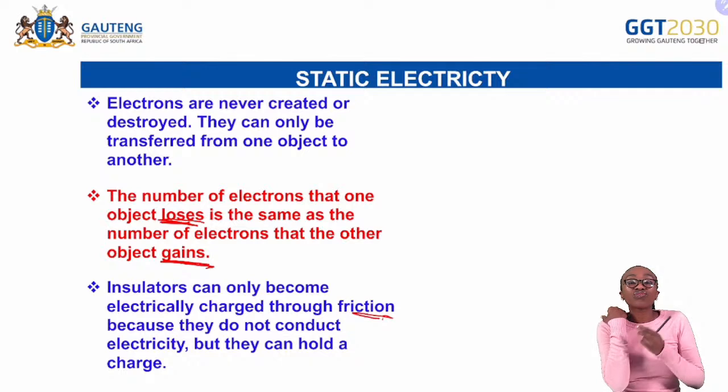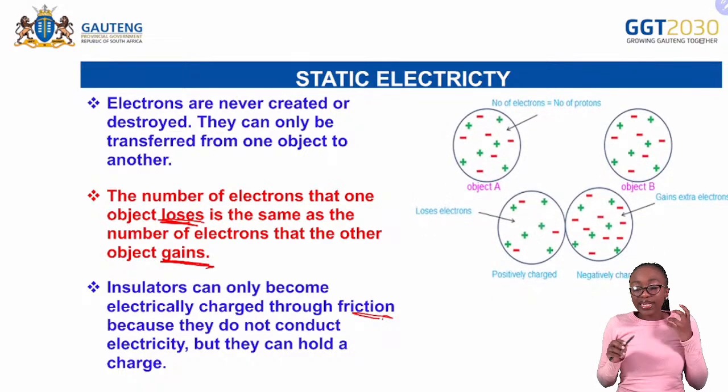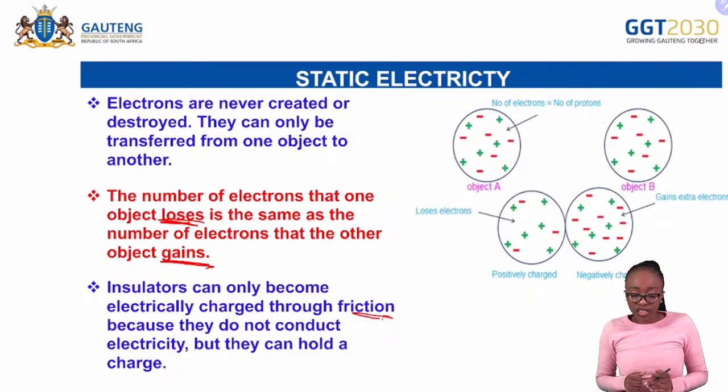This is because of the transference of electrons. If there happens to be any friction between my sweater and another object, it can become electrically charged and hold that charge. Let's look at this diagram that I just pulled up.